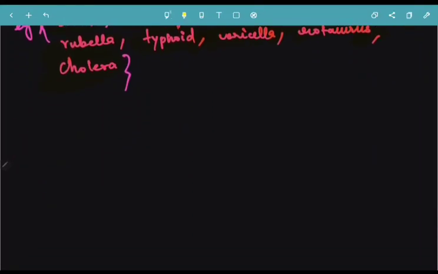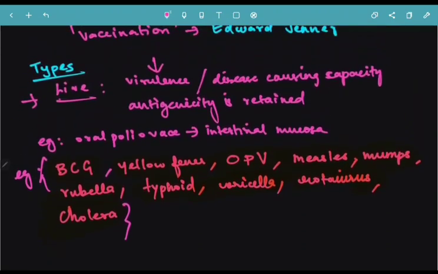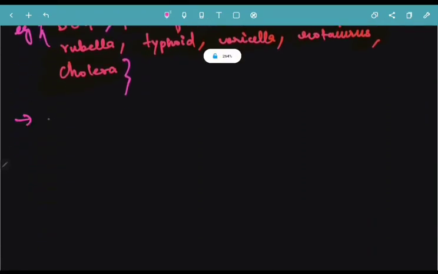Now moving on to the next type of vaccine, which is killed vaccines. These are inactivated or killed vaccines, produced by growing virus or bacteria in culture media.